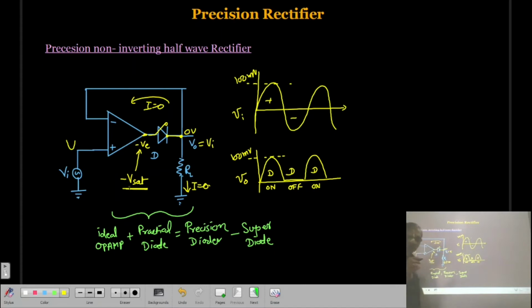So when the diode is not conducting, at that time the voltage across the anode and cathode is known as the PIV. Correct?